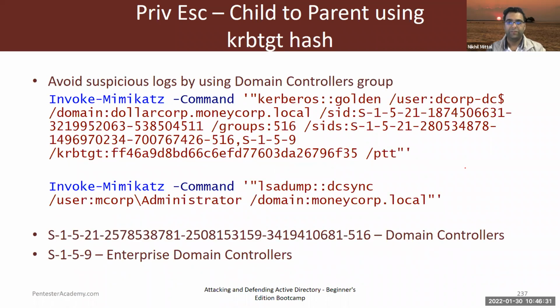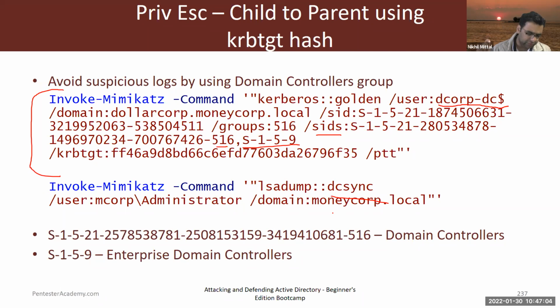So in place of impersonating an administrator, you impersonate or use an account of the domain controller. In place of using a SID history of 519, we use SID history of domain controllers and enterprise domain controllers. Now, when you use this one, it would not be possible for you to interactively log on because DC accounts cannot interactively log on. But what you could still do is run DCSync against the forest root.